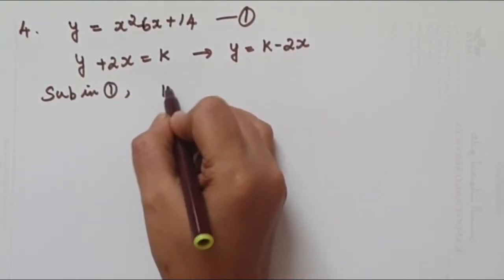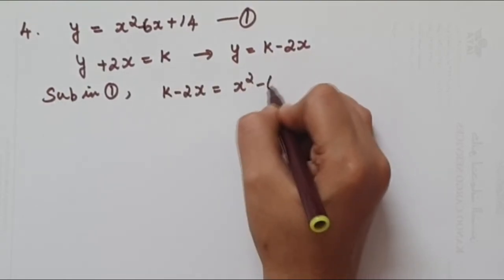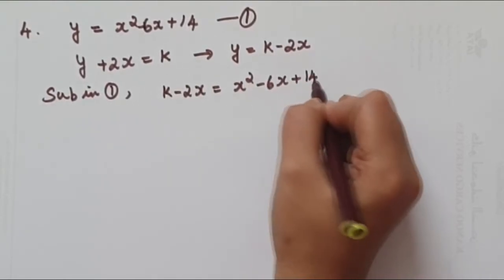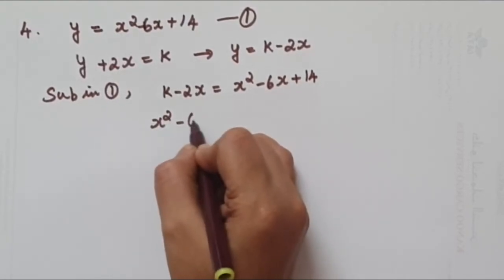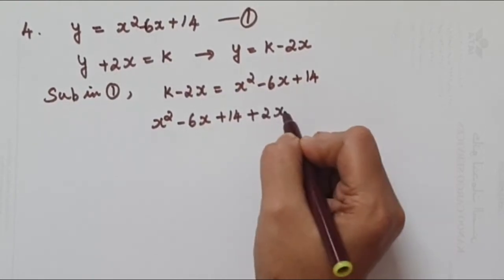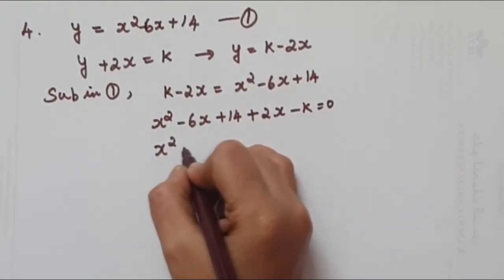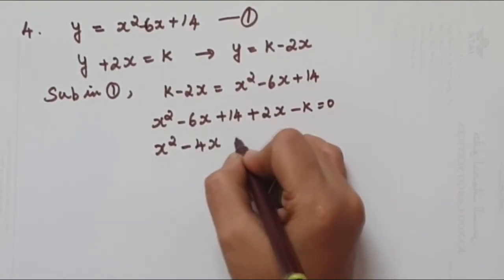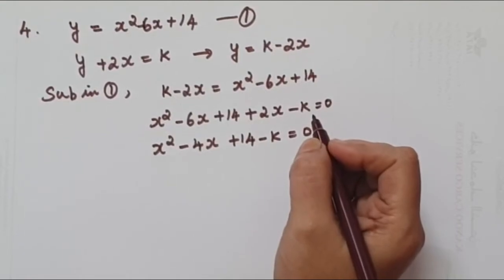So we get k minus 2x will be equal to x square minus 6x plus 14. Now we shift everything to one side. So it is x square minus 6x plus 14 plus 2x minus k equal to 0. So x square minus 4x plus 14 minus k equal to 0.